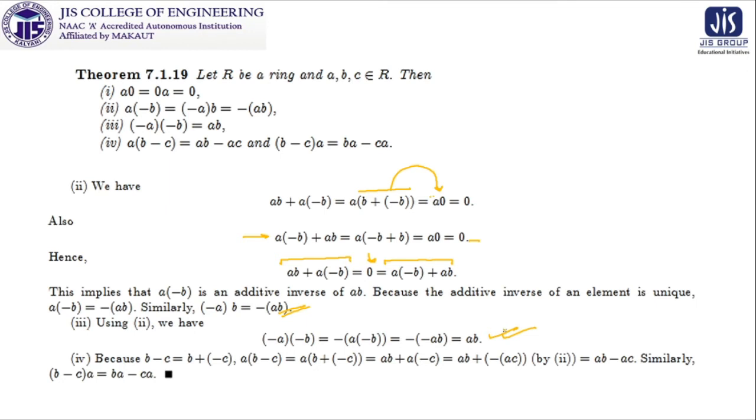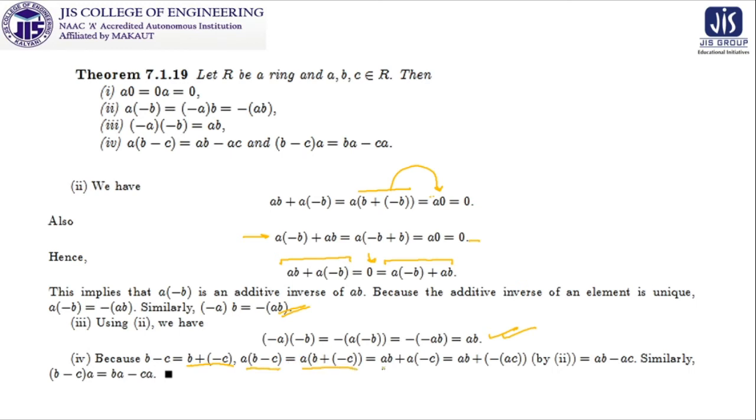And finally for the fourth property, where A on B minus C is actually distributed as AB minus AC, we can check that because B minus C is B plus of minus C, we can write it, and A of B minus C also here we can write it.